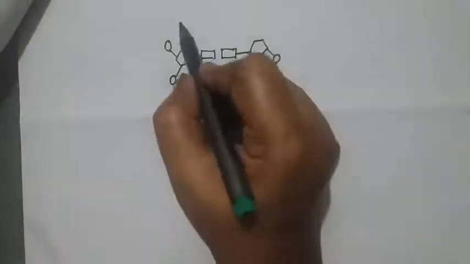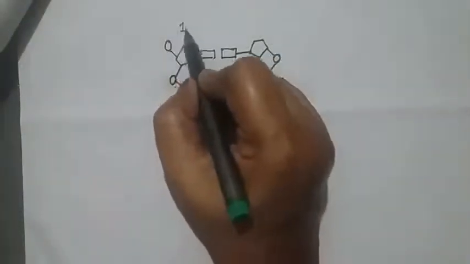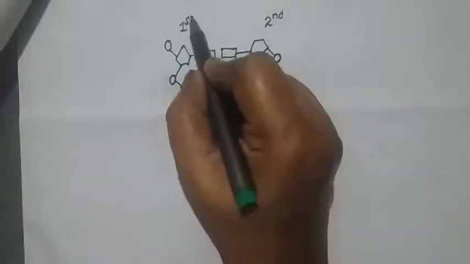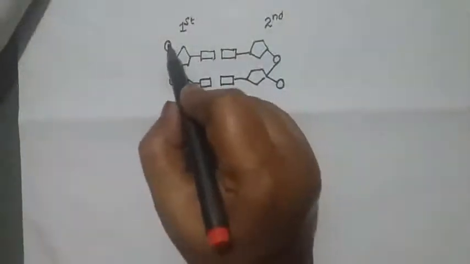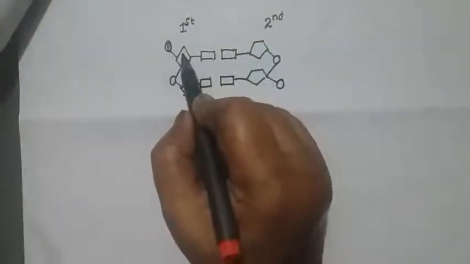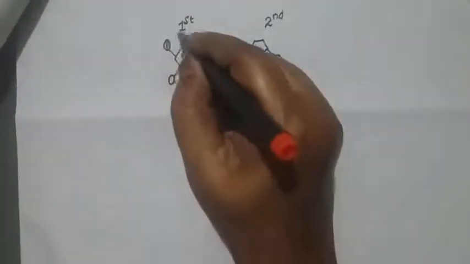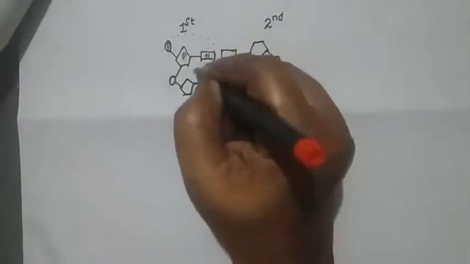So you can say that this is the first strand of DNA, the second strand of DNA, and you can say that this is the phosphate radical, pentose sugar and nitrogenous base, which makes one nucleotide.